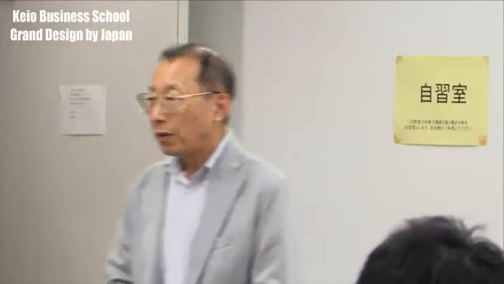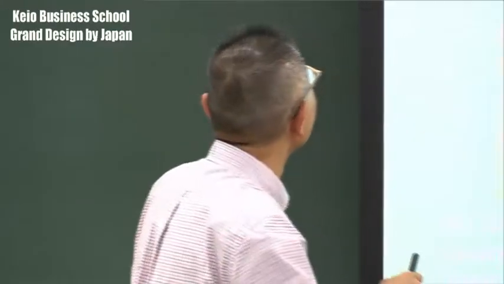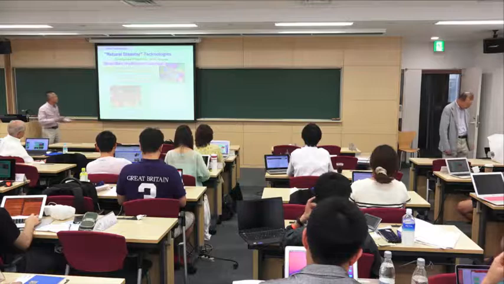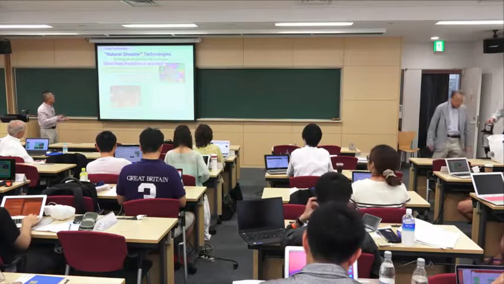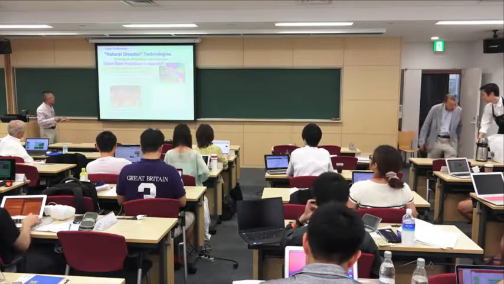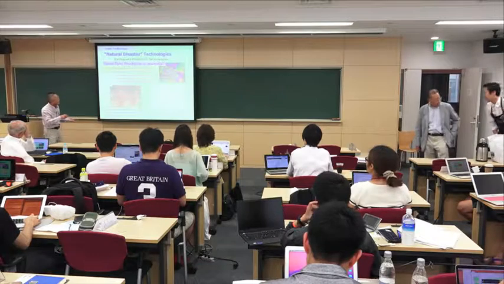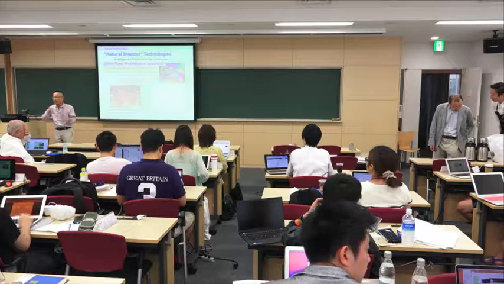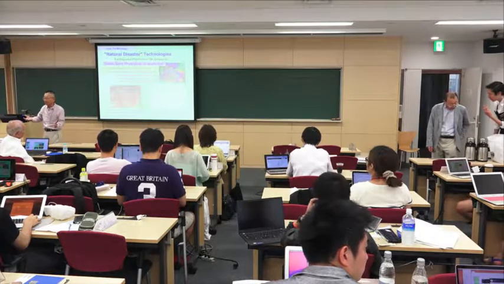I can show you some academic material, okay? Natural disaster technology, earthquake short-term prediction. What are the typical short-range methods, okay? The first one is land displacement monitoring. A couple of centimeters is shifting before and after the earthquake, so you can monitor it.